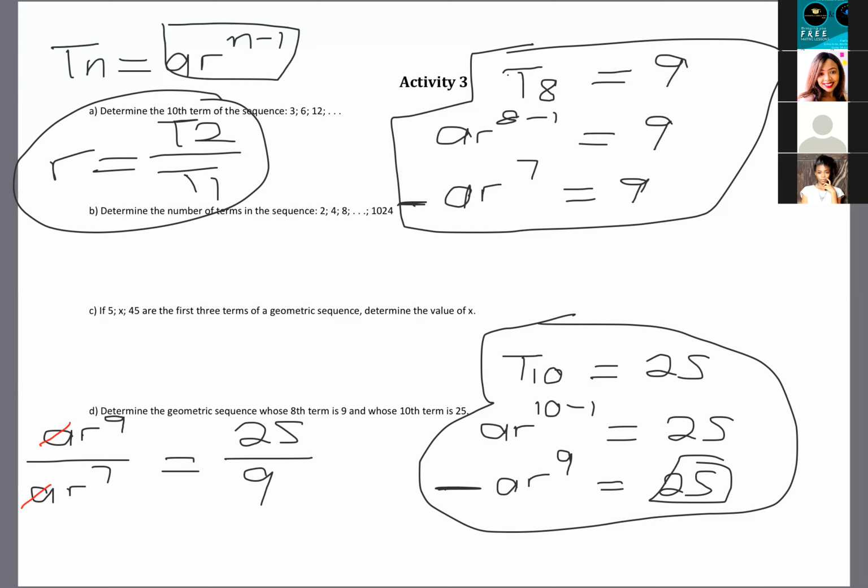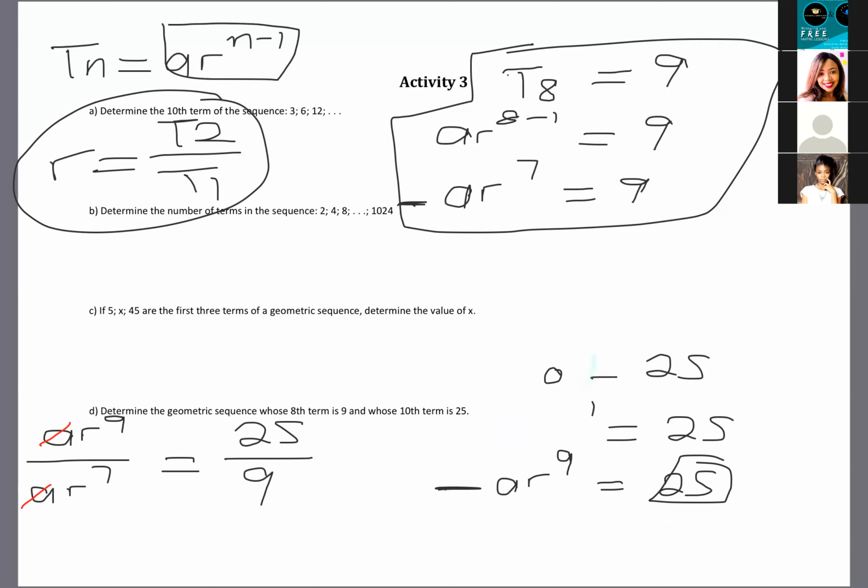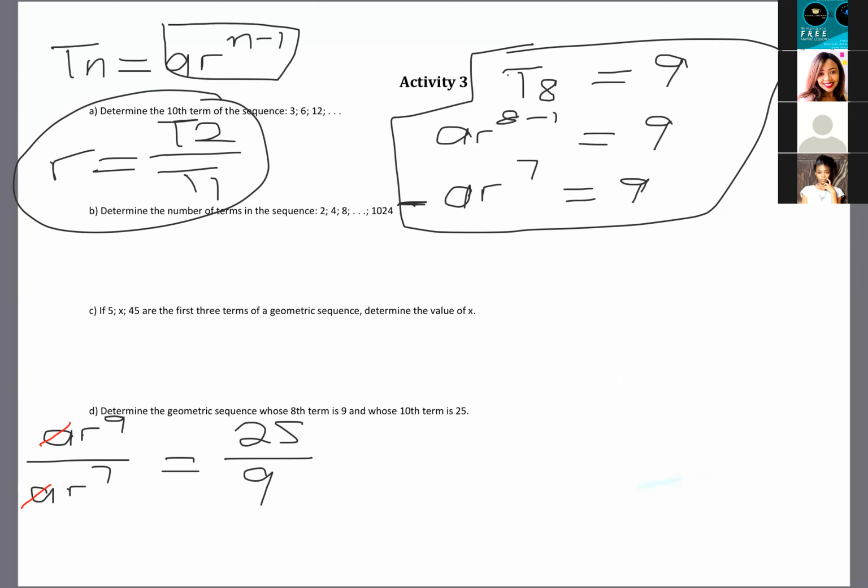So what I have basically on my left-hand side of that equation is r to the power of 9 over r to the power of 7 is equal to 25 over 9 on this side.